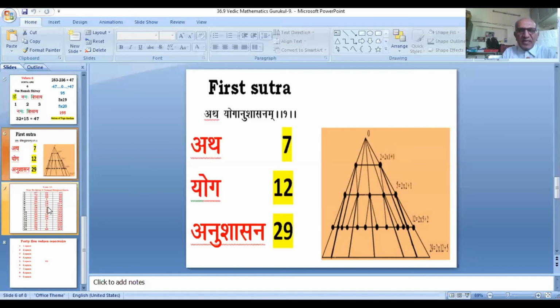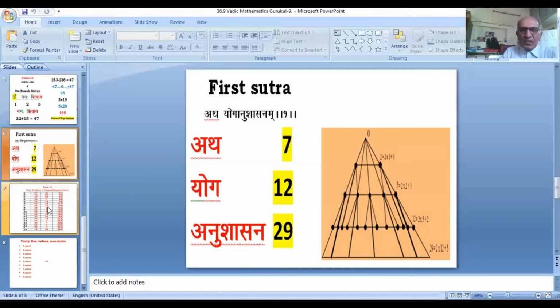Atha means a beginning, a transcendental beginning is taught for the discipline of yoga. The formulation Atha is of TC value 7. Formulation Yoga is of TC value 12. Formulation Anushasan is of TC value 29.